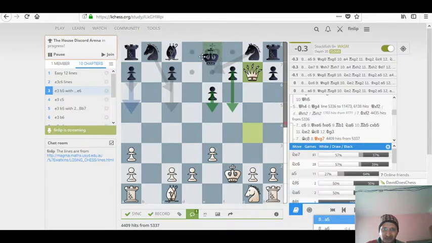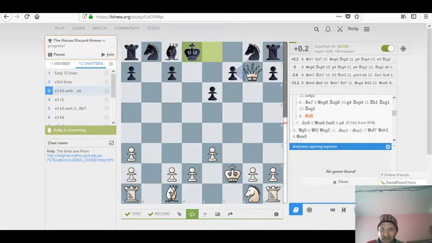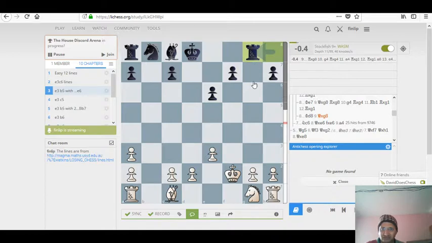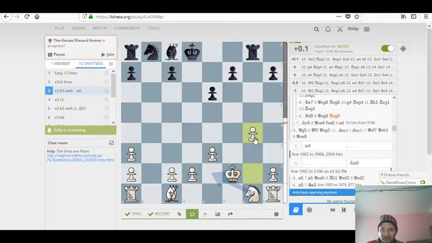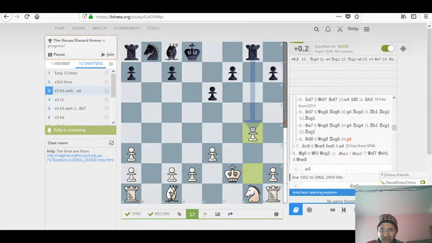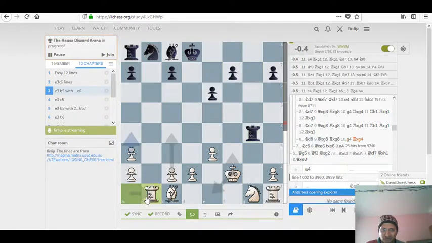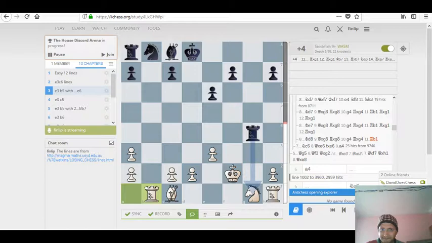The king, if it goes to d8, we again have the same reply, taking on g8, rook takes on g8, then we play the move g4. Okay, rook takes on g4, rook b1, rook takes on g1, rook takes g1.